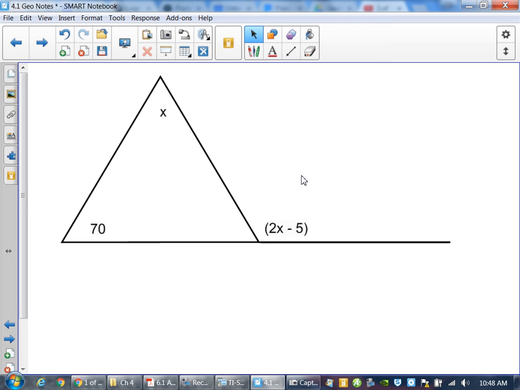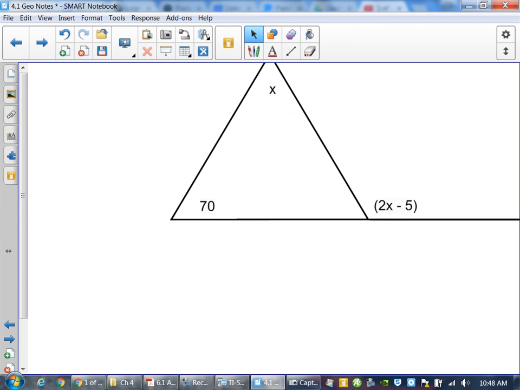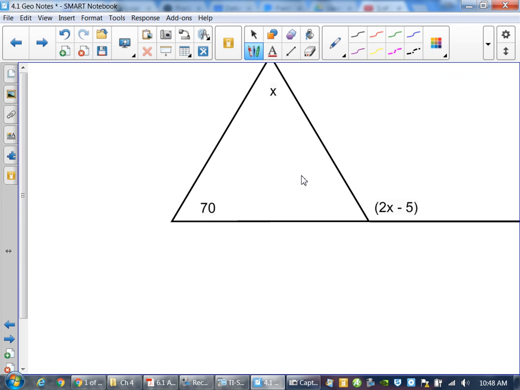Or x equals 5. Wait, no, that's not it. X equals 75. No, you don't need to do that. Is x equals 75? Oh, I haven't done it yet.